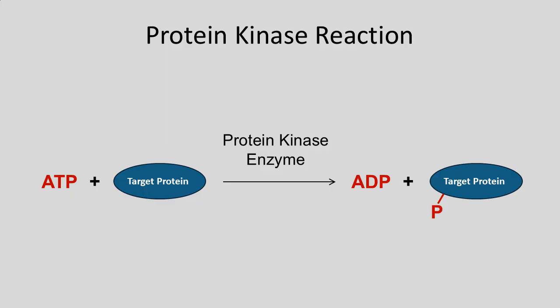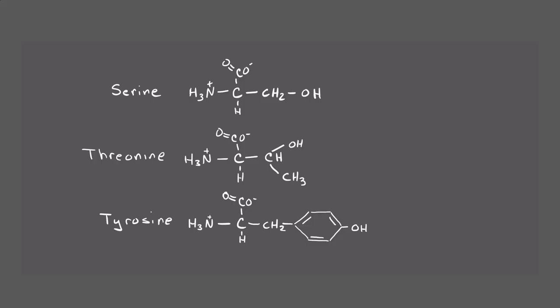The substrate protein becomes phosphorylated, and this may alter its activity. Protein phosphorylation is a critical mechanism for regulating biological activity in cells. The target protein can become phosphorylated on a serine, threonine, or tyrosine residue.